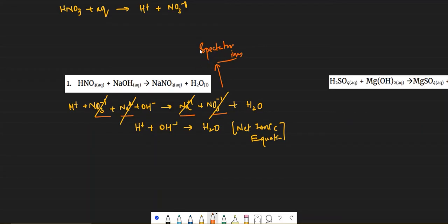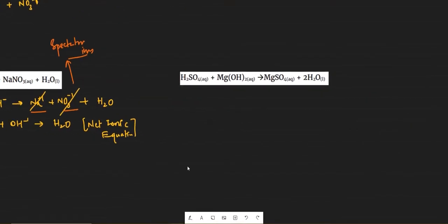They just watch, they do not take part in the actual proceedings. You can see that the sodium ion before the reaction and after the reaction is the same. The nitrate ion before and after the reaction is the same. That's why they're called spectator ions. So when you write ionic equations, you cancel the spectator ions.